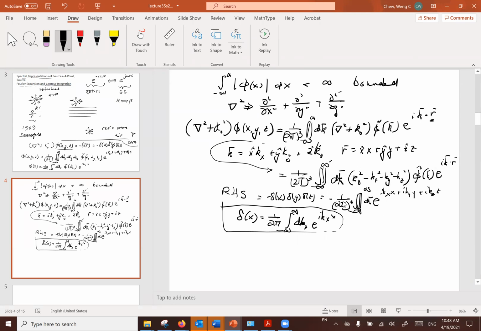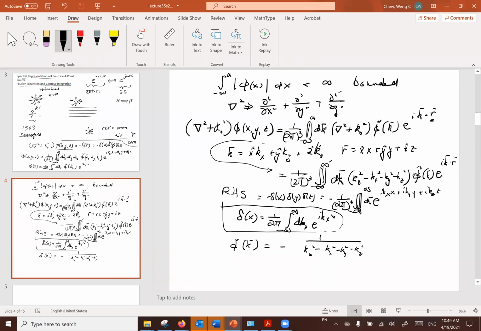So now you can equate the 2 integrands. If you equate the 2 integrands, you arrive at the fact that phi tilde, let me use a shorthand notation, is equal to minus 1 over k naught square minus kx square minus ky square minus kz square. This is my phi tilde. This is wonderful.